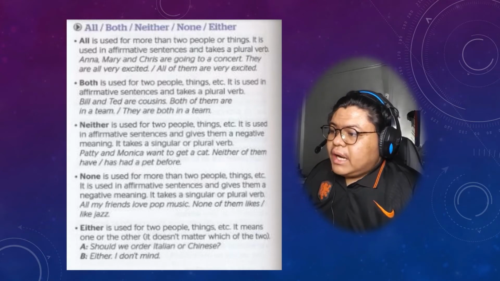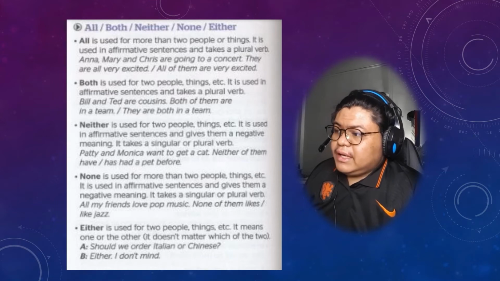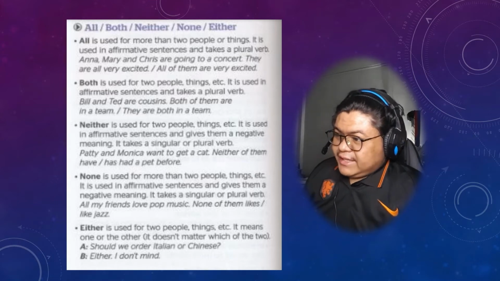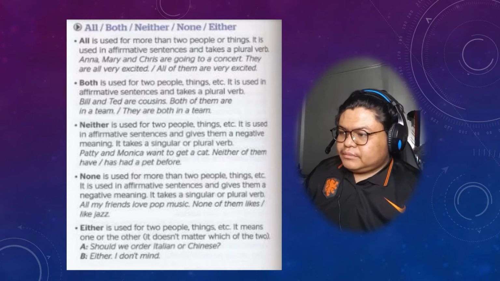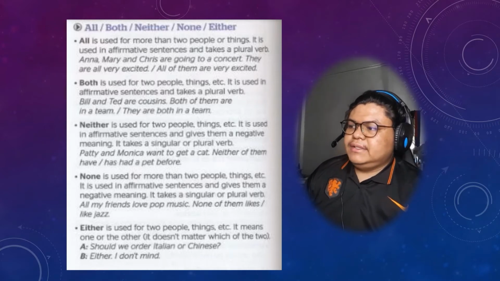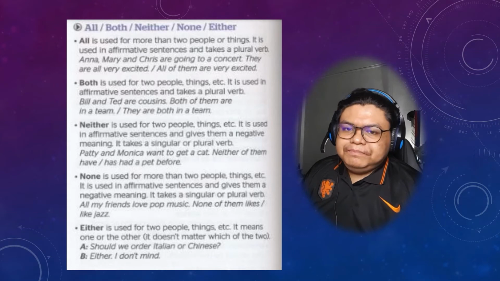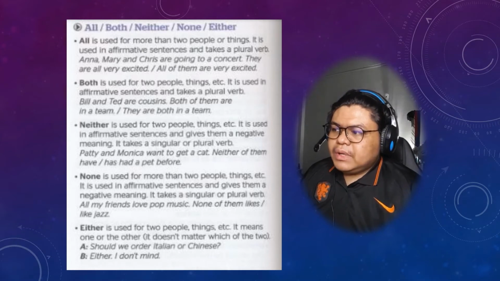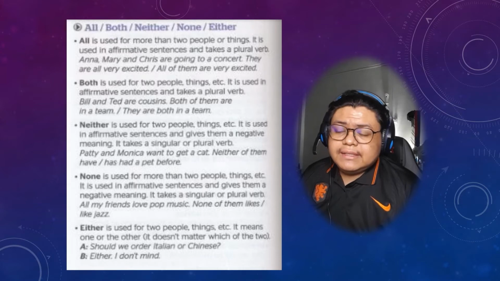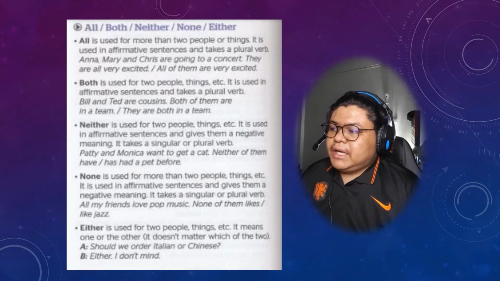For example, Anna, Marie, and Chris are going to a concert. They are all very excited. All of them are very excited. The word all here refers to Anna, Marie, and Chris. Kita gunakan sebagai pengganti kepada Anna, Marie, and Chris.